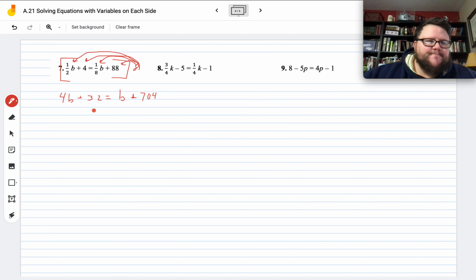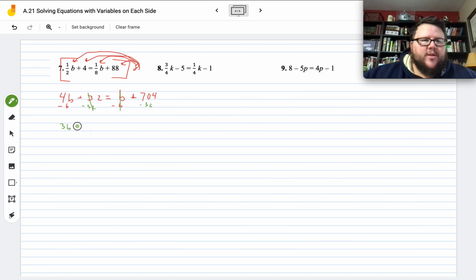So now I can subtract the b over, and I'm going to do this in one step real quick. I'm going to subtract 32 as well. So my b's cancel out there. 4b minus b is 3b.